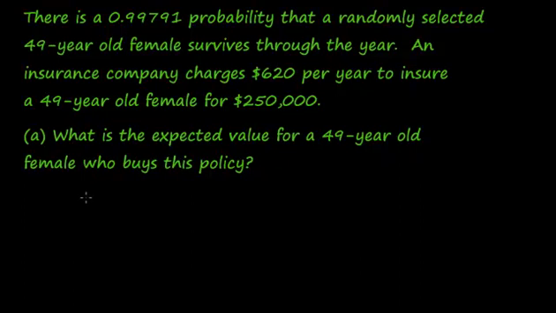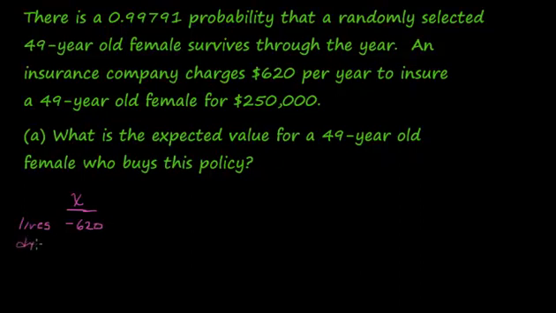So we'll set up our table with our values for X. If the person lives, she doesn't get the $250,000, and she's out $620 for that year. Obviously she won't get the $250,000, her beneficiaries will, but that doesn't happen. What happens if she lives is that she loses the $620.